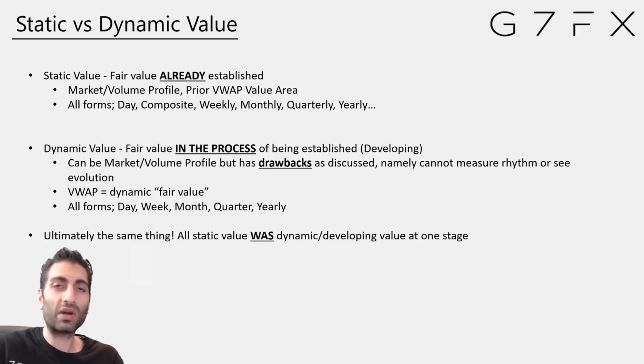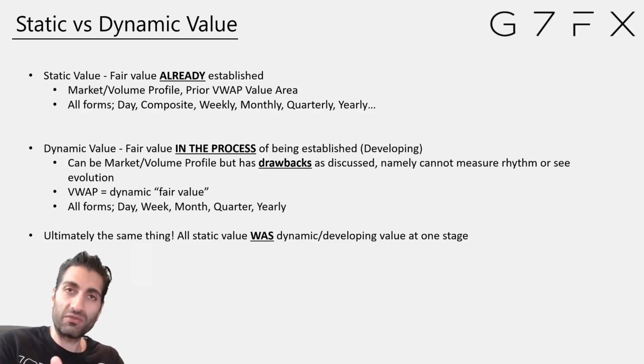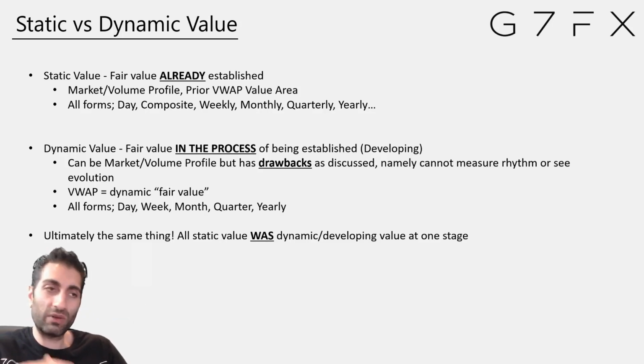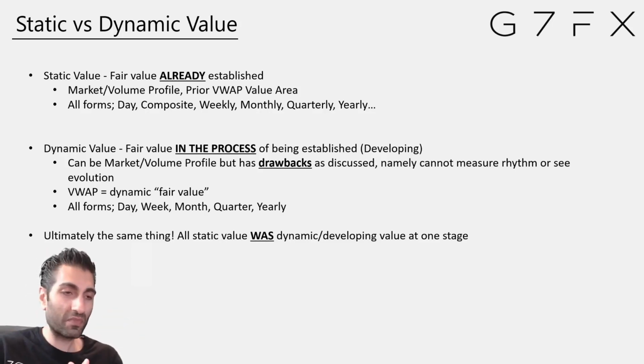Of course, it's widely used by institutions. And I told you VWAP is pretty much standard across the board for all institutions. So obviously I saw traders developing value with historical value. You have to, and I'm going to show you that. But I just never saw it categorized in the way that I'm going to categorize it for you.